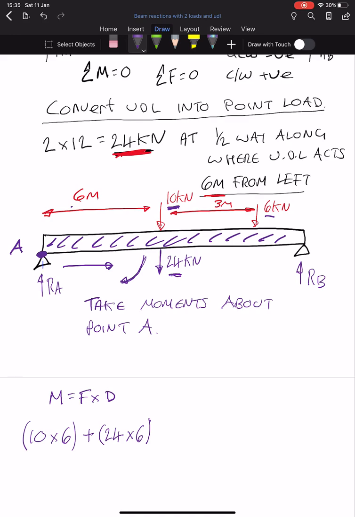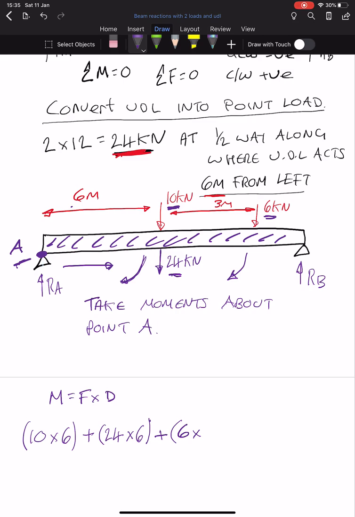I've also got this force here, the 6. That's also going to push this beam clockwise, so I'll put a plus there. My force is 6, and how far is that 6 from my pivot point A? 6, 7, 8, 9.